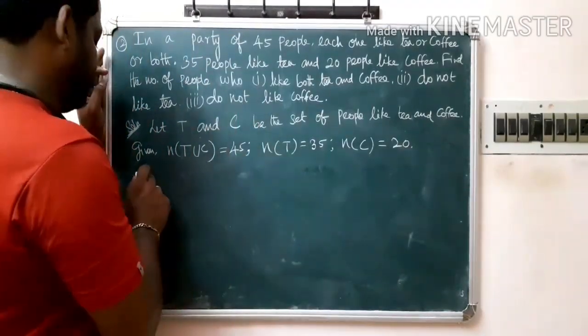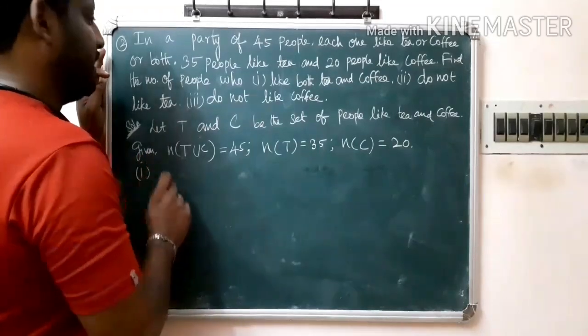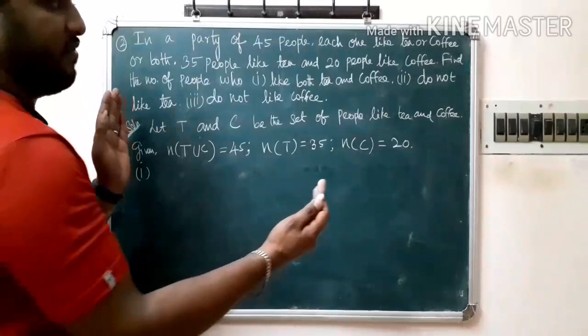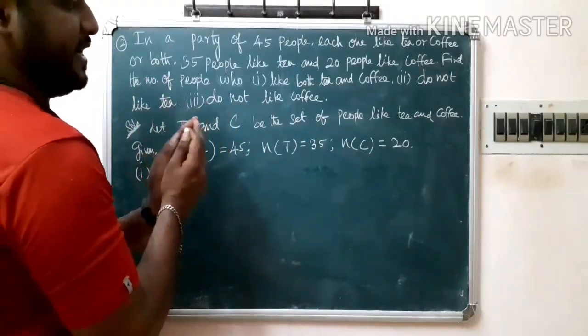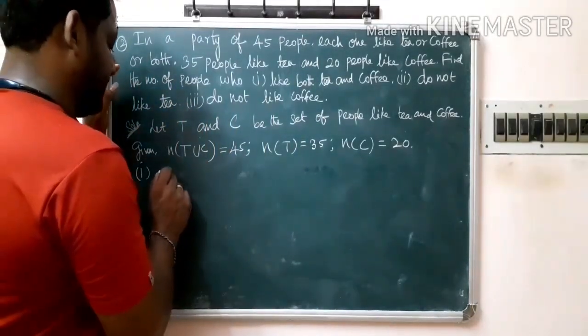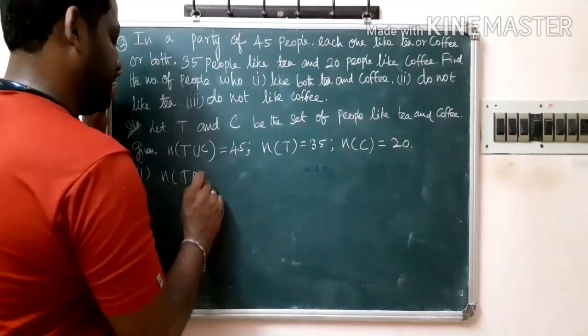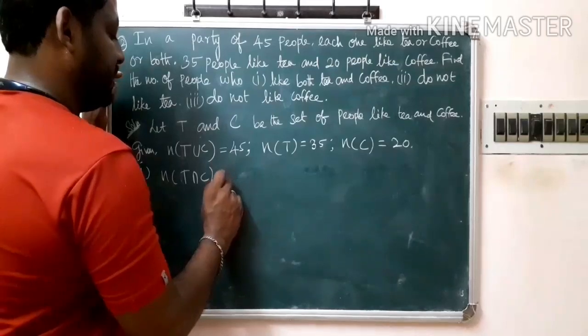And then the first question: the people who like both tea and coffee. Both tea and coffee means we have to find the intersection part. Intersection part means N of T intersection C. So what is the formula?